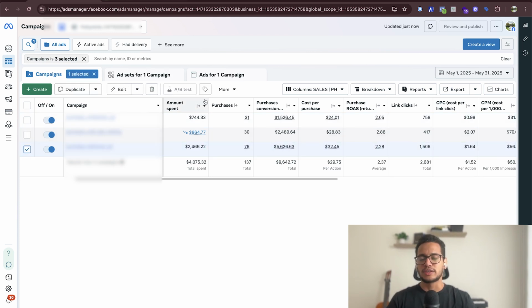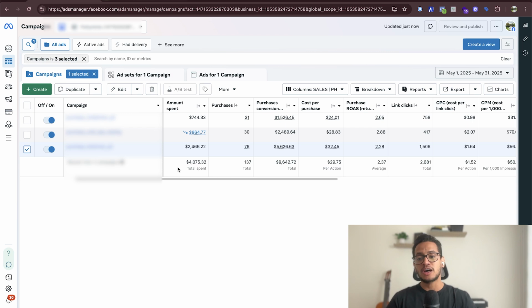Here's another example. It doesn't mean that you cannot start with Advantage Plus right away. If you have a proven offer, creative, or a very problem-solution type of product that people will need or want, and it's very easy to understand, you can also test out starting with Advantage Plus.